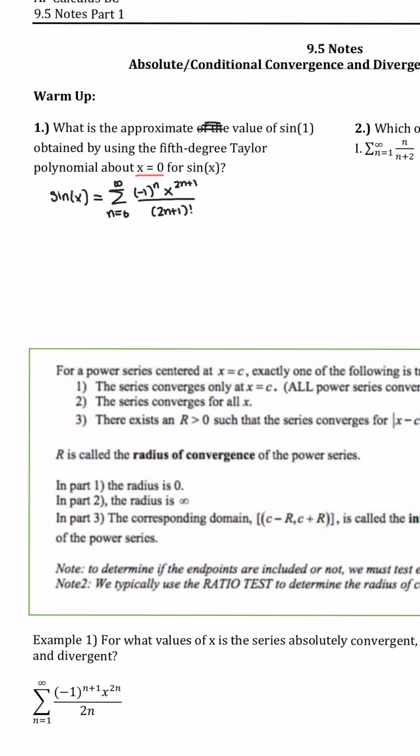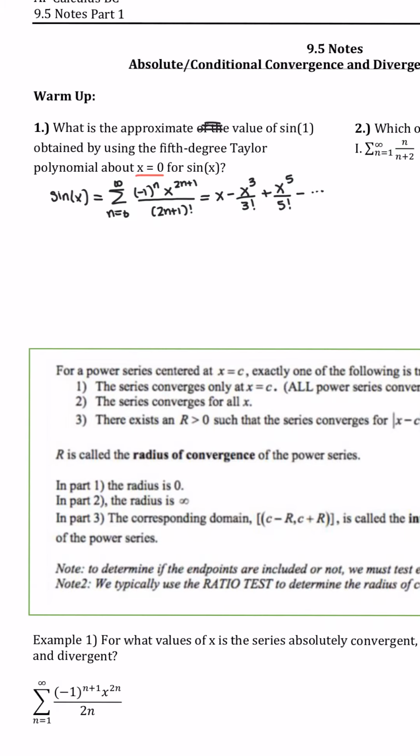If I plug in n equals 0, I would end up with just an x. If I plugged in n equals 1, I would have a negative x cubed over 3 factorial. And if I plug in n equals 2, I would have plus x to the fifth over 5 factorial. In order to keep my equal sign, I need to put minus dot dot dot here.